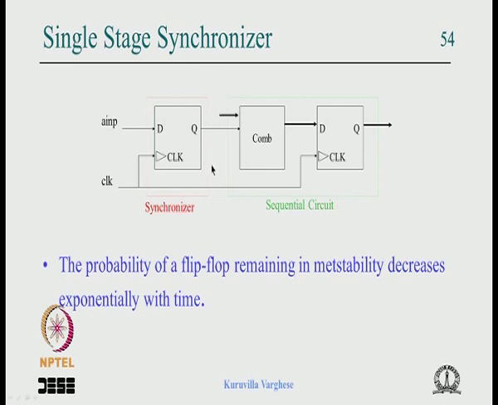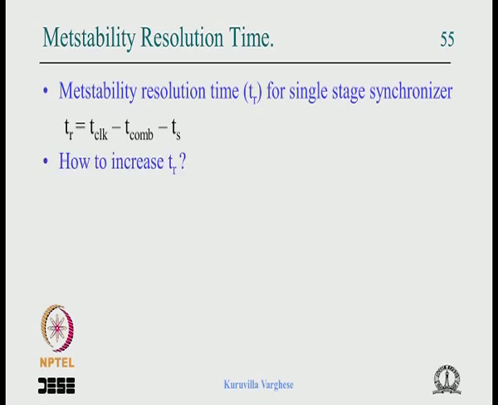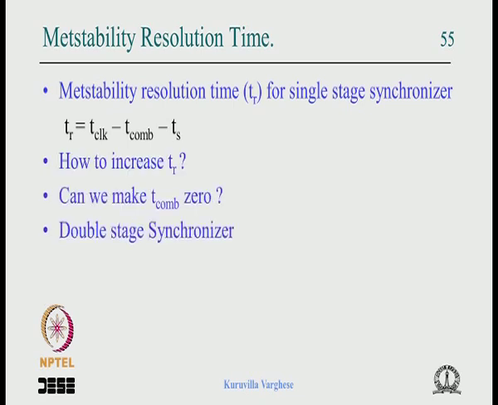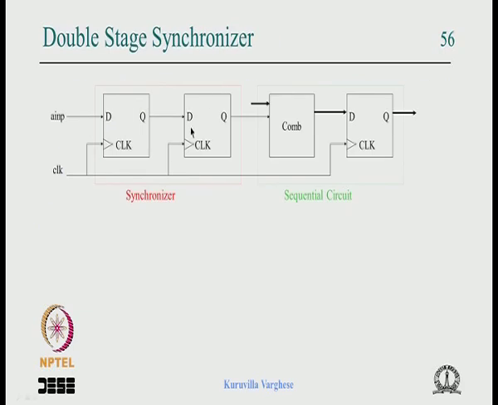That means we put another flip flop here, so this flip flop output is going to yet another flip flop input. The advantage is that there is no combination circuit in between. So as far as that path is concerned, the combination circuit is not there. So that is called a double stage synchronizer, okay. That's what we do, a double stage synchronizer.